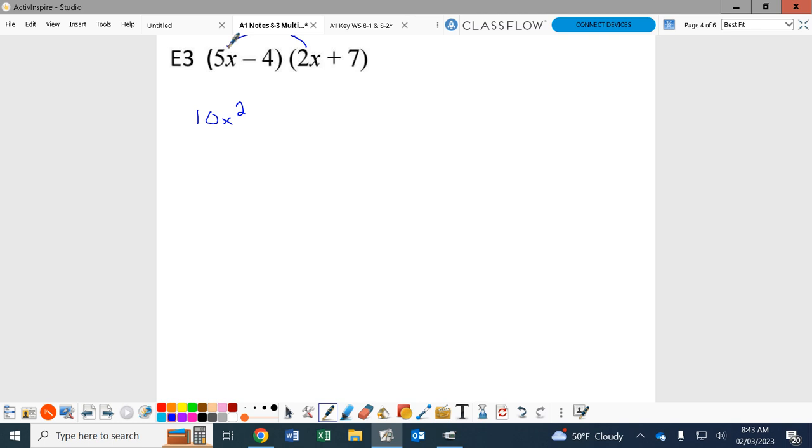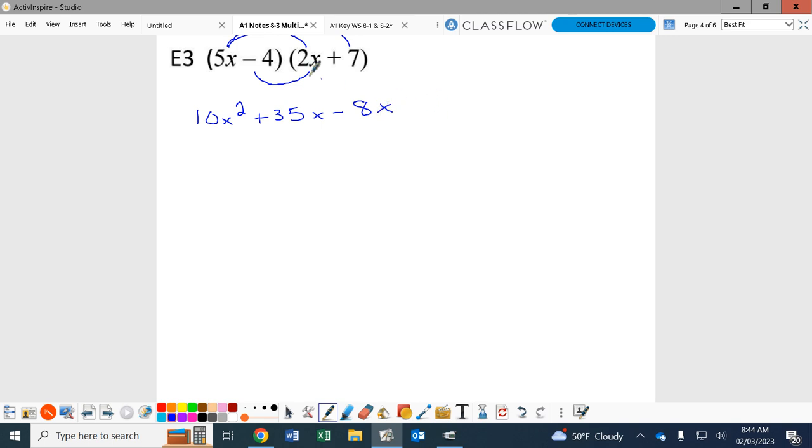Then we multiply 5x times 7. 5x times 7 is going to put you at 35x. Then it's going to be negative 4 times 2x. Negative 4 times 2x is going to be negative 8x.